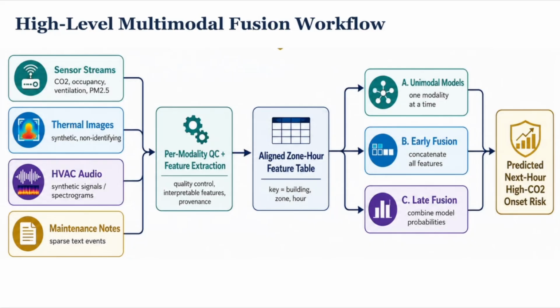All this approach finally produces the same type of output, the predicted risk, as I explained. So if you remember only one architecture from today, remember this picture: multiple sources, quality check and feature alignment, fusion strategy, and prediction.